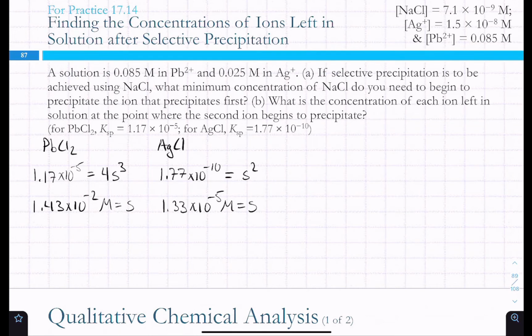How, oh how, do we find the answer? Take a stab. What do you think? Okay, all right. So, what concentration of sodium chloride do we need to make silver chloride start to precipitate?